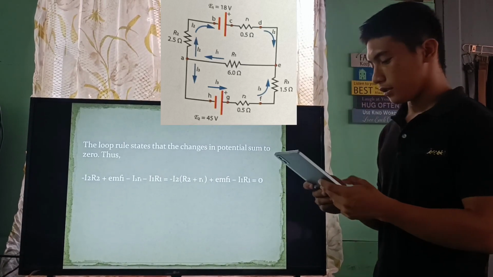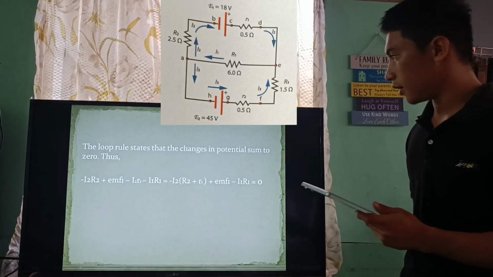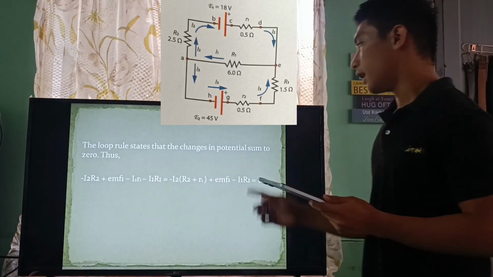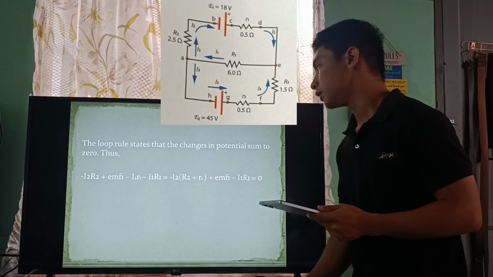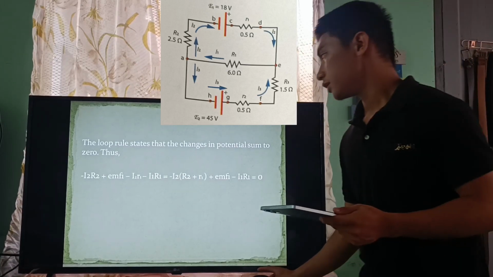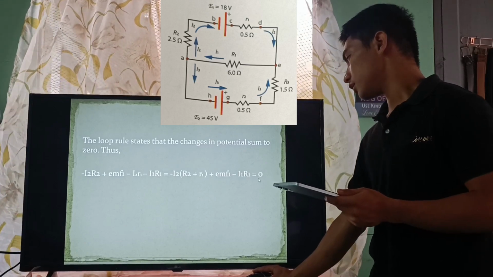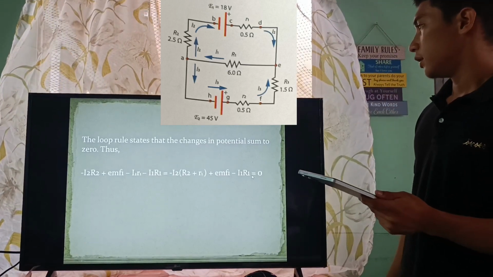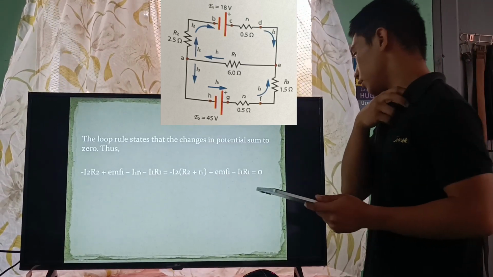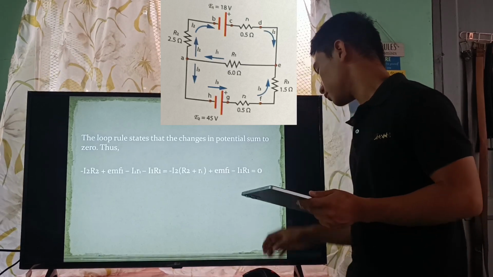So the loop rule states that the changes in potential sum to 0.